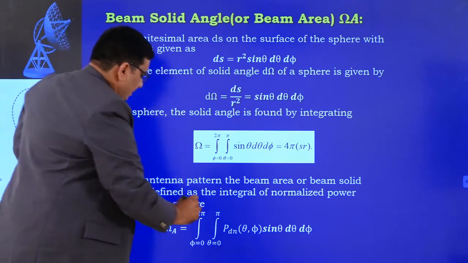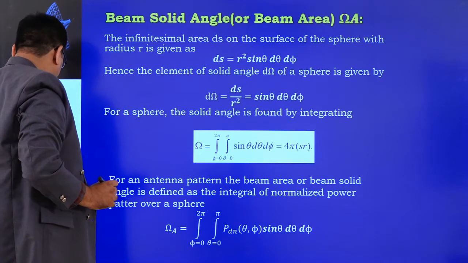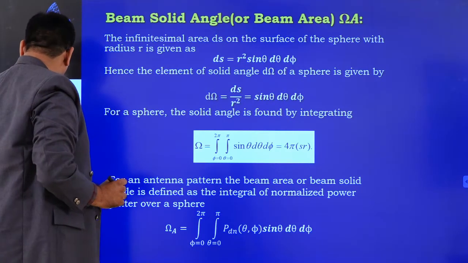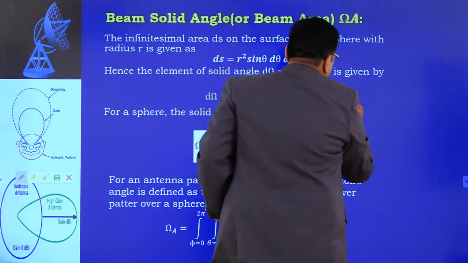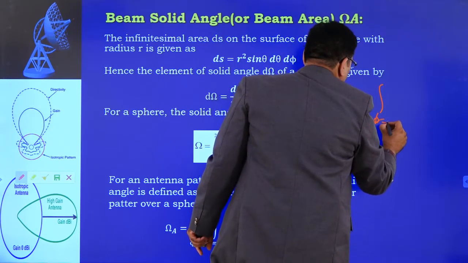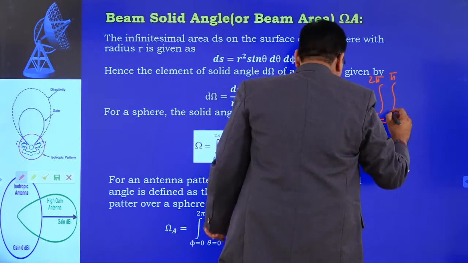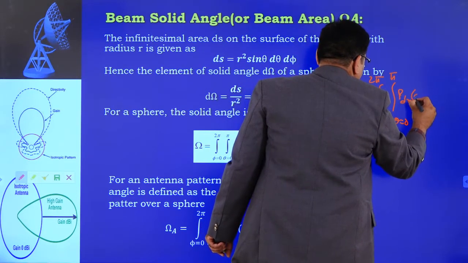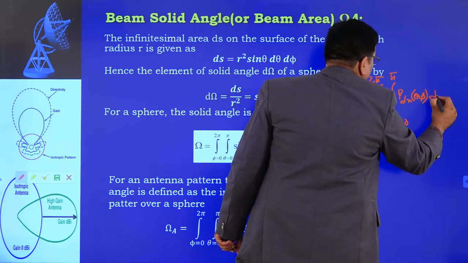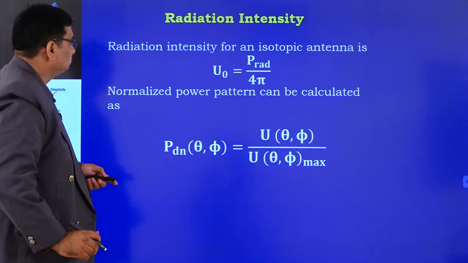So from this we can write the equation as: your beam solid angle rho a is equal to the integration of phi from 0 to 2 pi and theta from 0 to pi of the normalized power density, or radiated power, into sin theta d theta d phi, is equal to d rho.